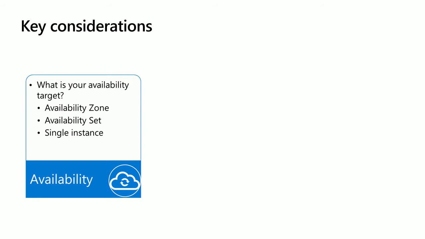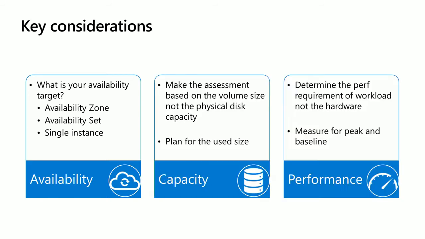Depending on your availability target and the nines you want to hit in the availability SLA, it can influence your choice of the disk. For example, if you have a workload that is a backend server, which you cannot scale to multi-instance, you need a VM that can provide you single instance SLA. In that case, it will land on using Ultra Disk or Premium SSD.